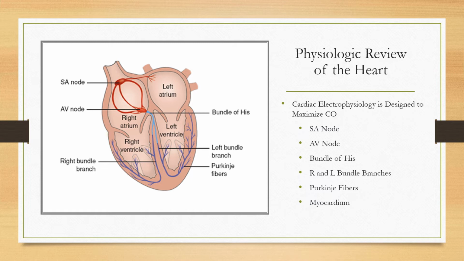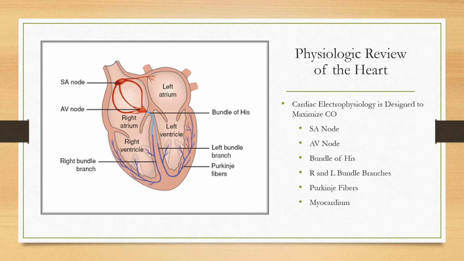Okay, so let's talk about the normal physiology of the electricity of the heart. That starts at the sinoatrial node. And when I call it a pacemaker, it's a natural pacemaker.